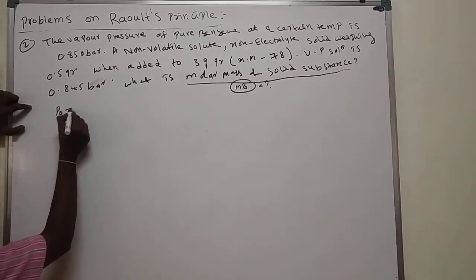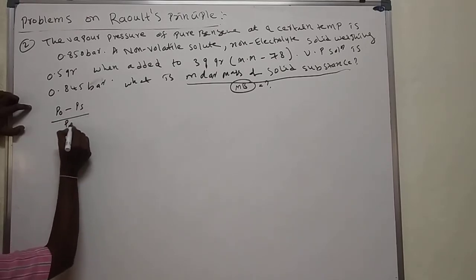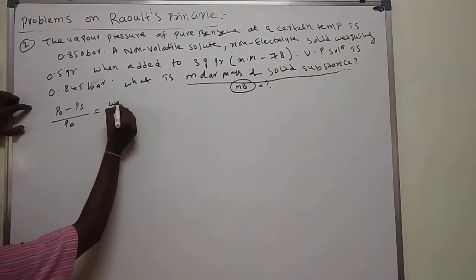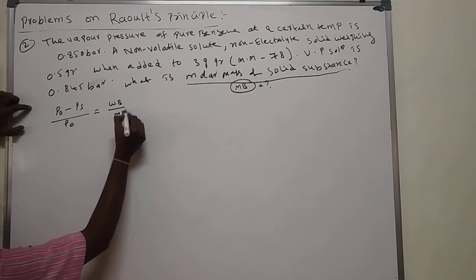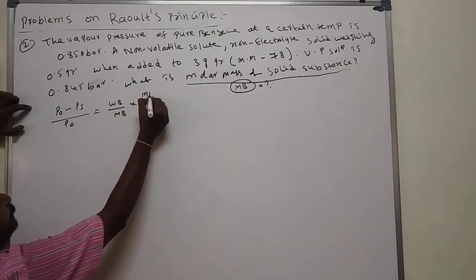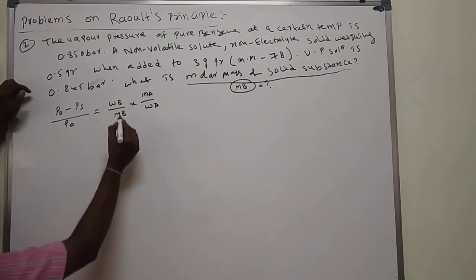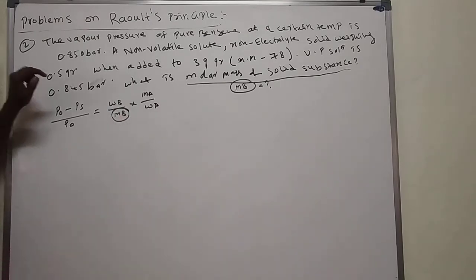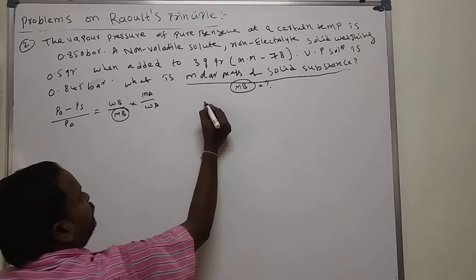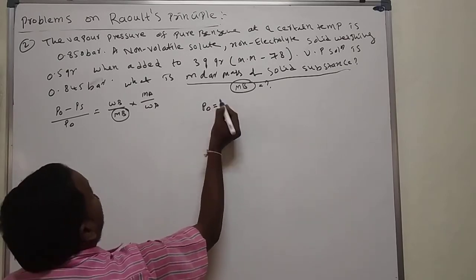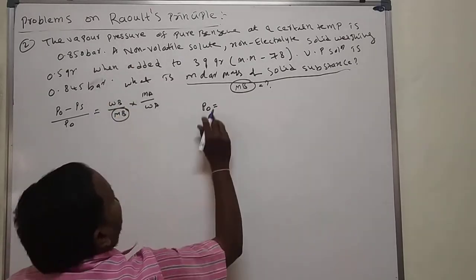P0 minus Ps by P0 is equal to WB by MB into MA by WA. What do you calculate here? MB. First, we'll see the data. What is the P0?